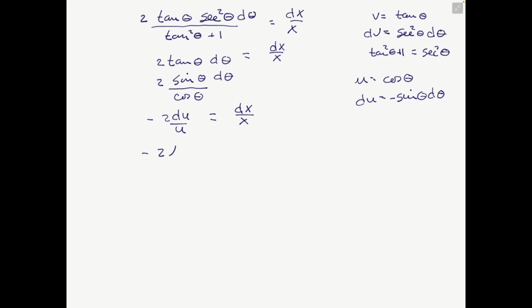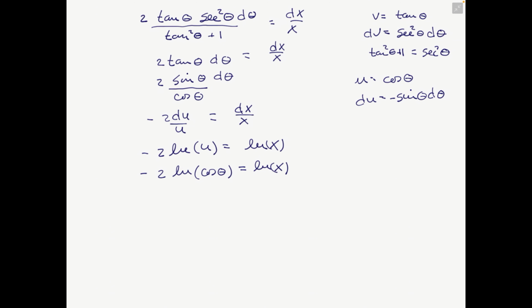And we have 2 ln u equals ln x. And now we go back to substituting. We have minus 2 ln cosine theta equals ln x.